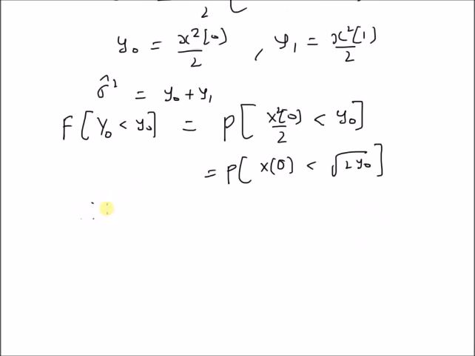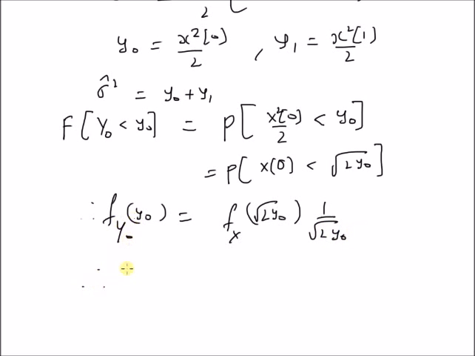Therefore the PDF of y0 is equal to the derivative of this probability, which is equal to f_x of square root of 2 times y0 multiplied by the derivative of this function with respect to y0, which is 1 by square root of 2 times y0.